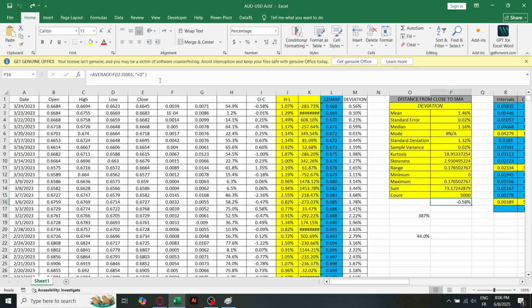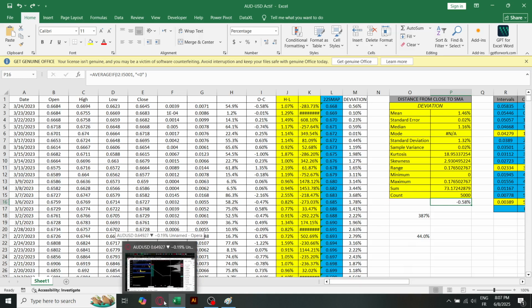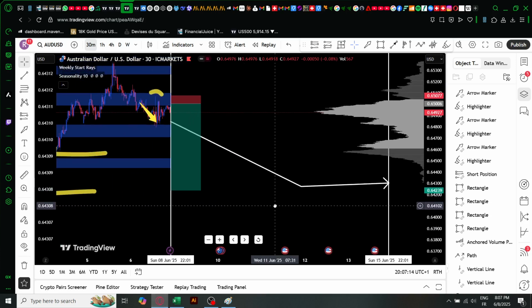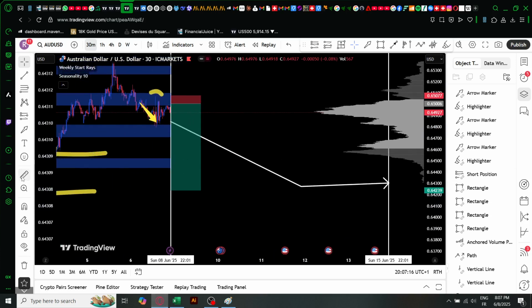So this is the average return when price is negative, and this is the average return when price is going positive. So it goes down more than it goes up for the Australian dollar, because usually in the Australian dollar pair, the USD is stronger. So on average it goes minus 0.5 per day.